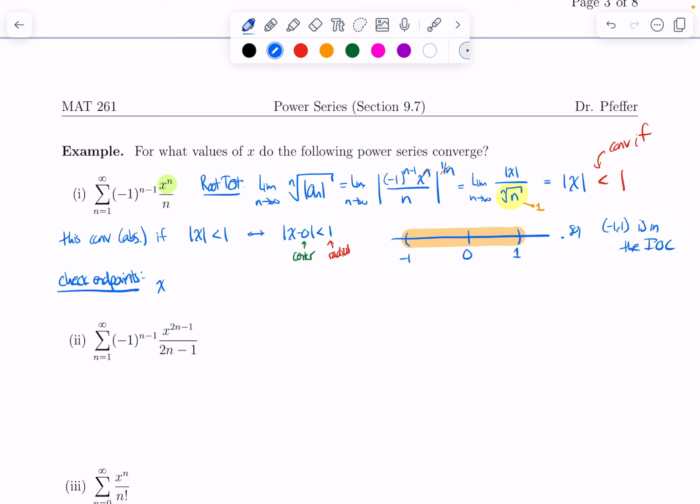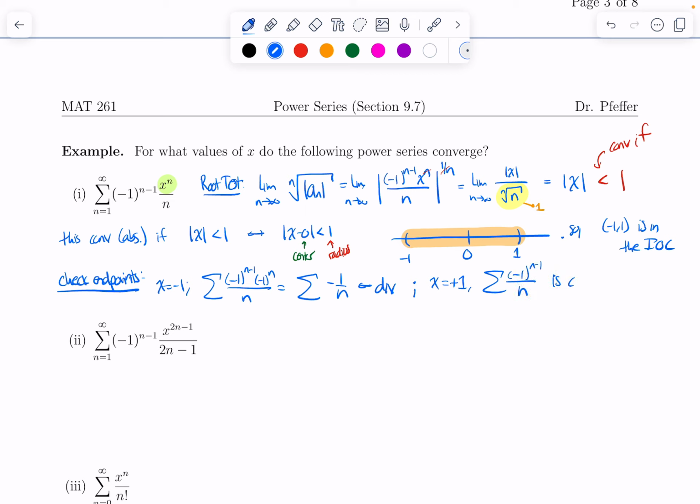If I check x equals -1, I plug that into the original series. I end up with the sum of (-1)^(n-1) times (-1)^n over n, which looks like this is just -1 over n. This is, of course, a divergent p-series, divergent harmonic. Whereas if I wanted to try out x equals +1, we get the series, it looks like just (-1)^(n-1) over n.